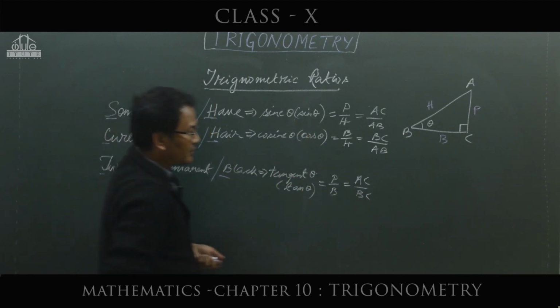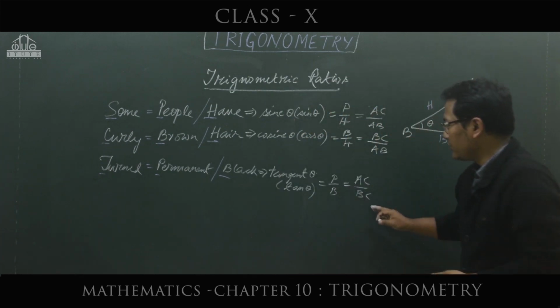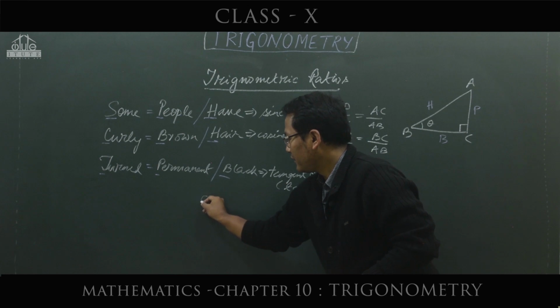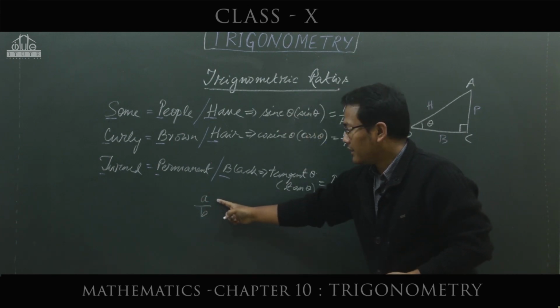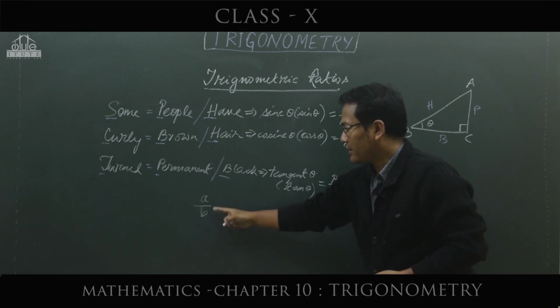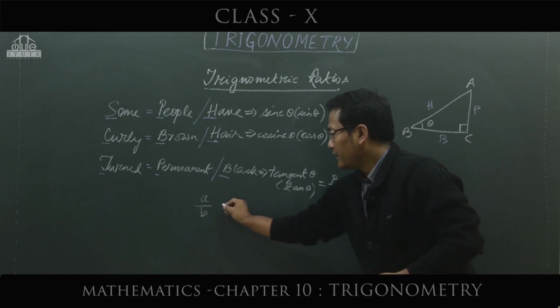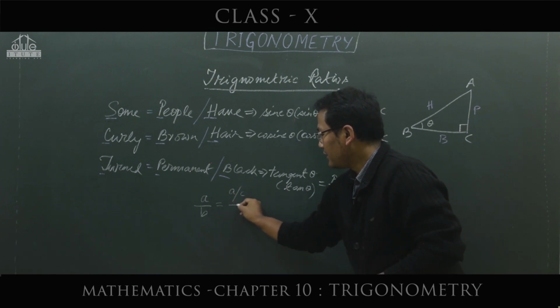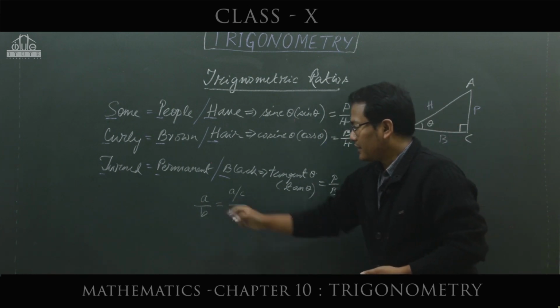Further continuing, you know the basic idea that if I have a fraction A divided by B, or a rational number A divided by B, and I divide both the numerator and the denominator by C, it does not affect the rational number.